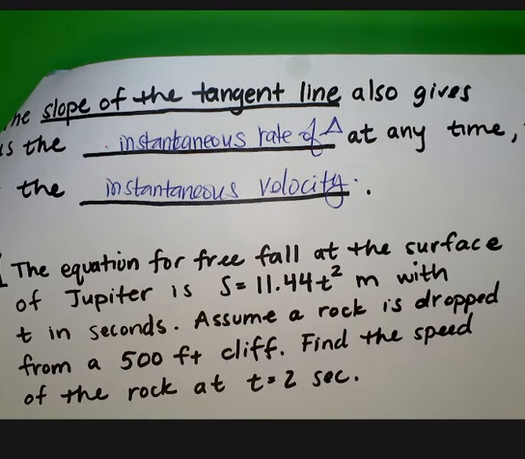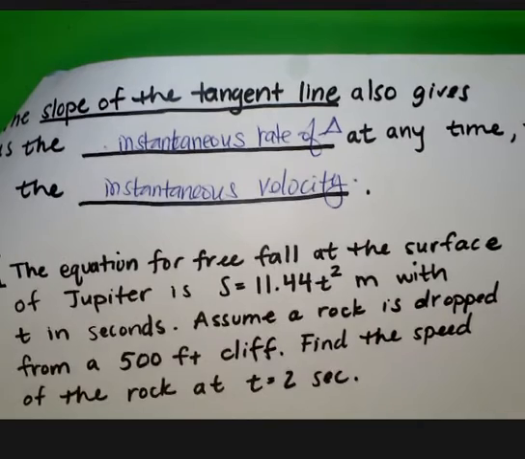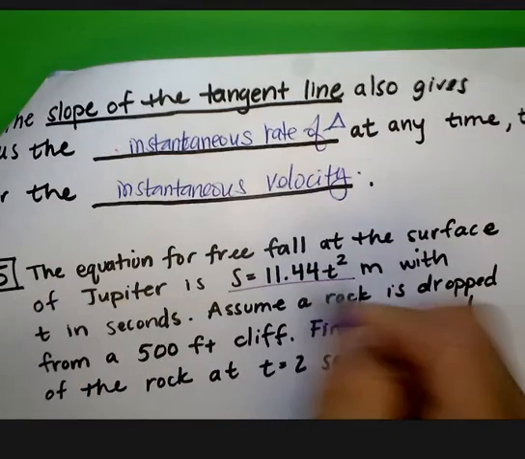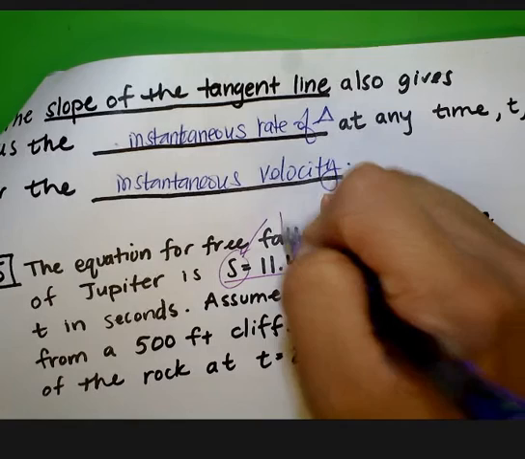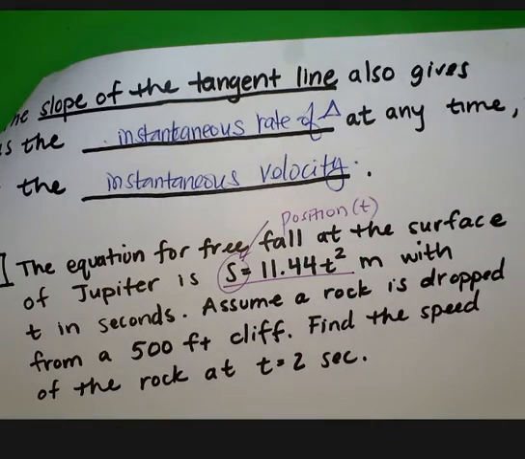Assume a rock is dropped from a 500-foot cliff on Jupiter, and find the speed of the rock at t equals 2. First of all, this equation is not giving you the speed. The s stands for the position, as a function of time.